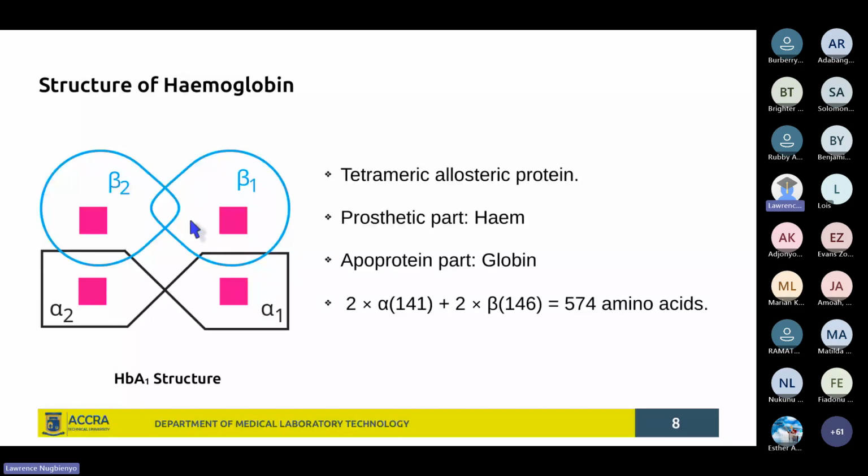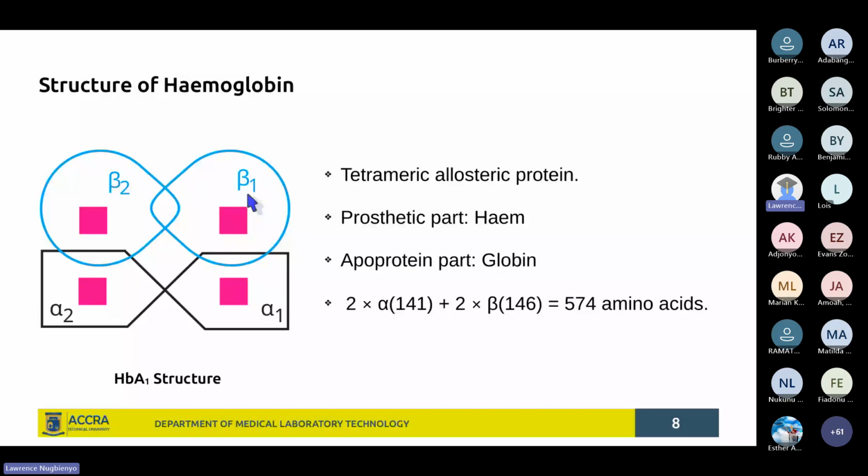So these are tertiary proteins that have come together in a complex, acting together as one molecule. You have 2 alpha subunits, alpha 1, alpha 2, and you have 2 beta subunits, beta 1, beta 2.